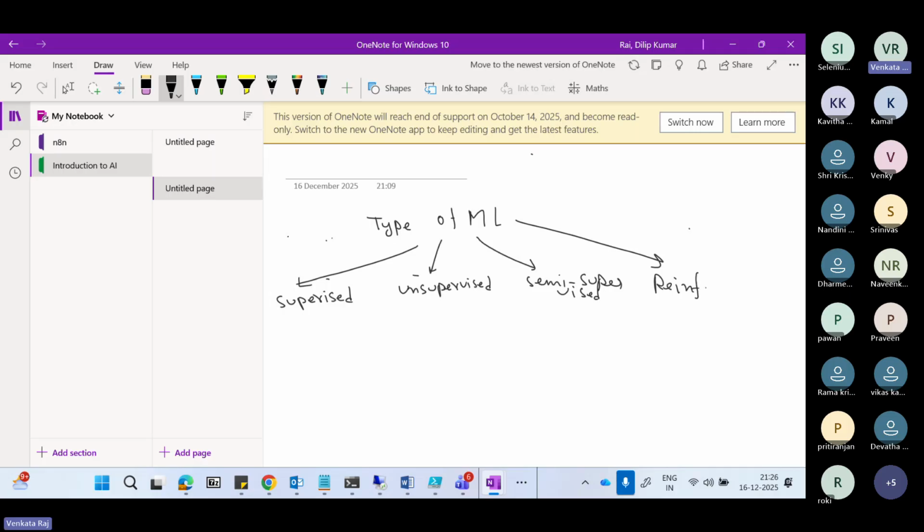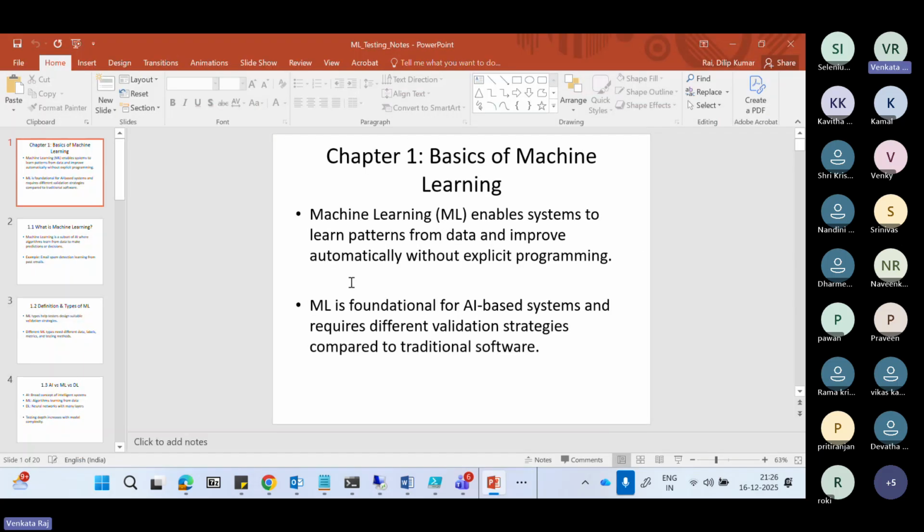Now we'll try to differentiate these types of machine learning. For this, I'll open a PPT, and I'll take you through this PPT one by one, whatever I've explained.